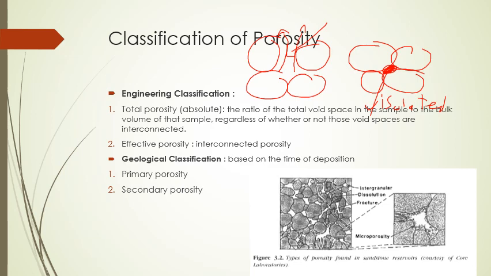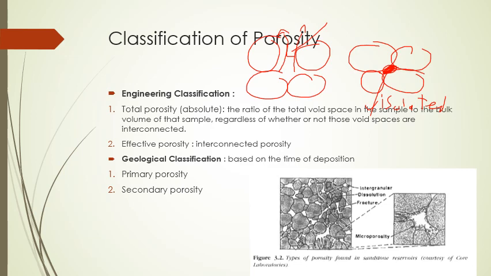Now we will talk about the geological classification. The geological classification divides the porosity inside the samples into two types: primary porosity and secondary porosity. This classification comes from the time of forming the porosity.